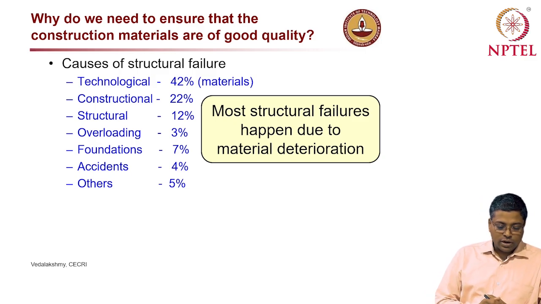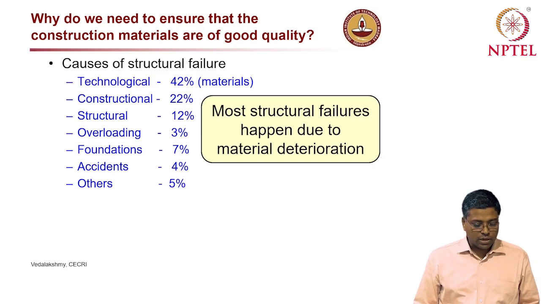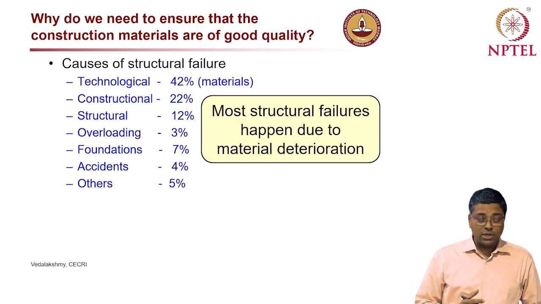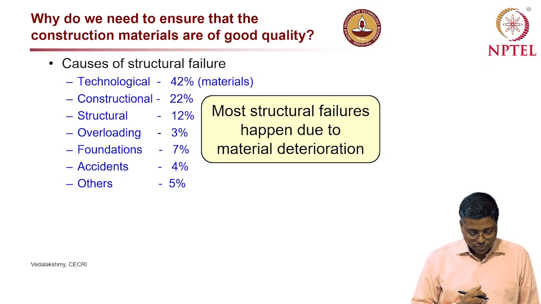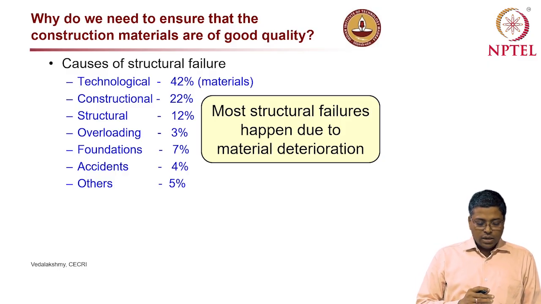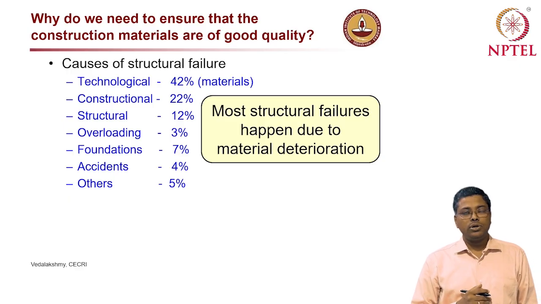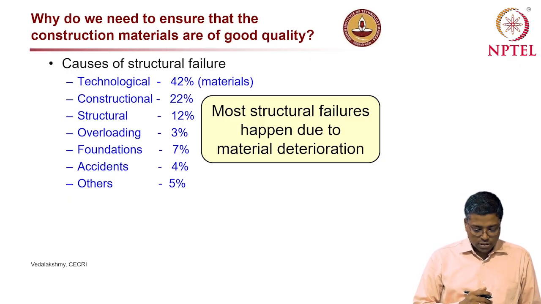Before getting into the different steel reinforcement types, first of all, let's look at why we need to ensure that these construction materials, for example steel, are of good quality in steel and concrete. The main reason is most of the structural failures happen due to material deterioration.